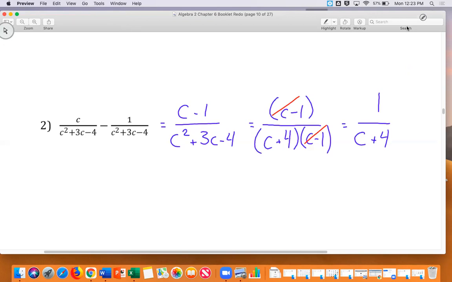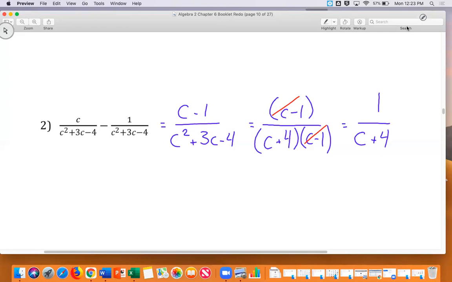Like the one Julia did, number 3, I couldn't factor. It was done. We talked about it. But number 2, I could factor it. So once I factored it, I would have to cancel out those like terms and then give it to me in a reduced form, which was 1 over c plus 4.